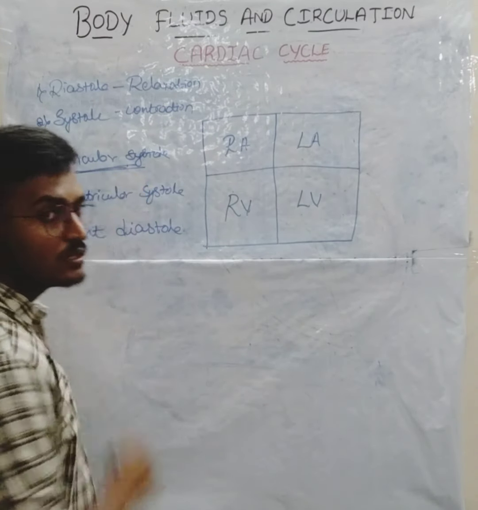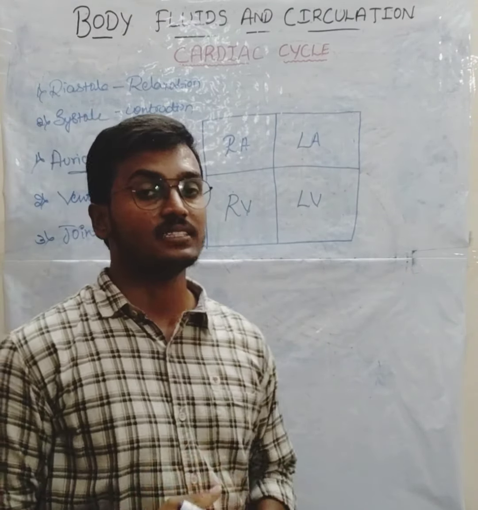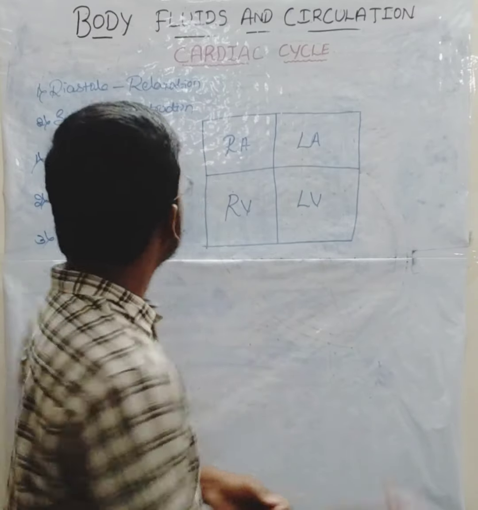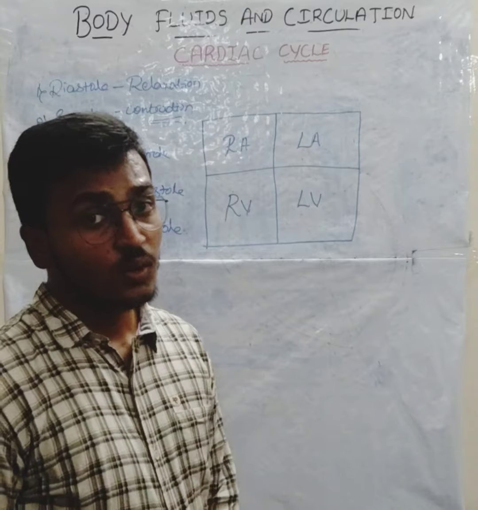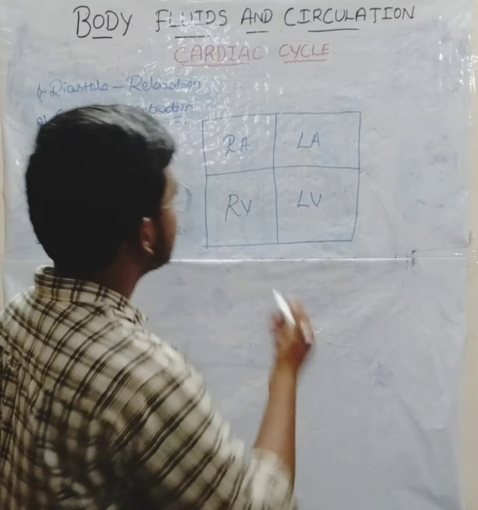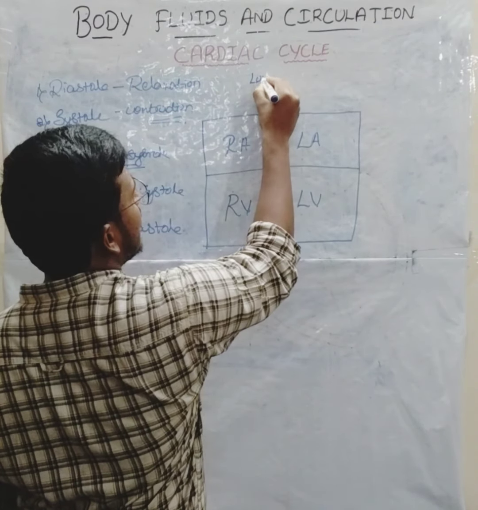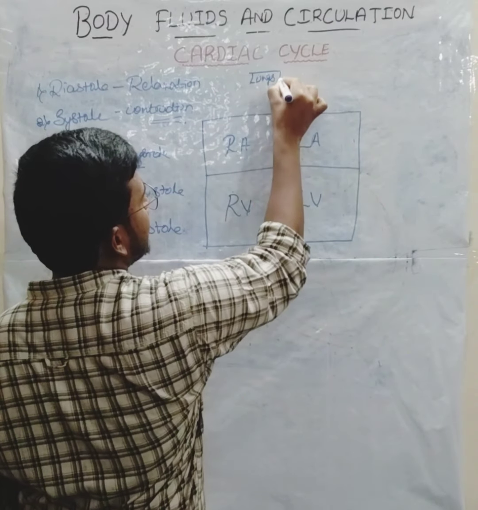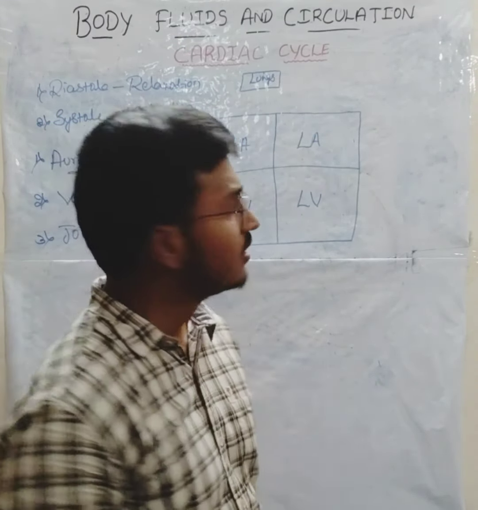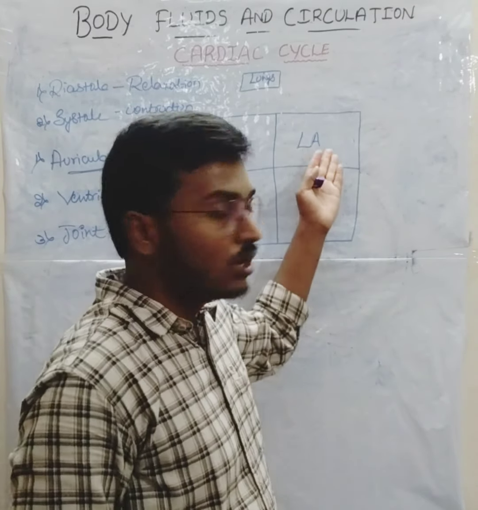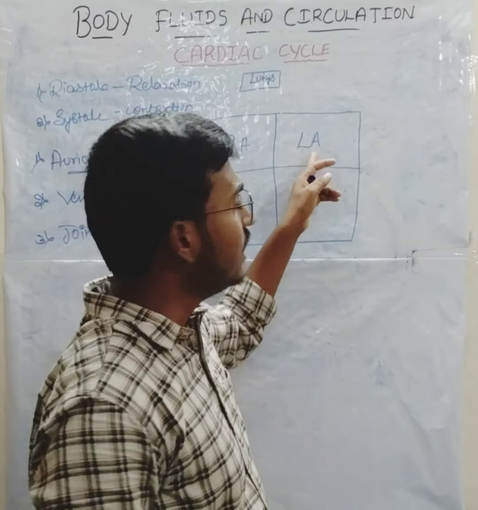Coming to the auricular systole, the word itself says auricles are in systole. Systole is contraction, so contraction of auricles takes place here. Let's write here, these are lungs. Just consider it for the understanding purpose. The blood is moving to the auricles.